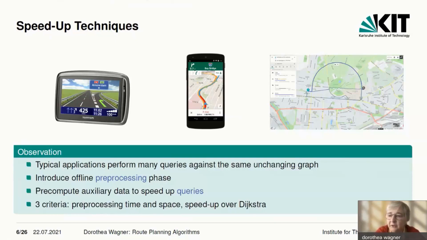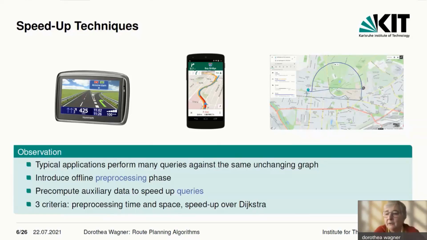One very, very easy way to apply this strategy would be to pre-compute in the preprocessing phase all shortest paths between pairs of nodes. In this case, the query would be very fast, in constant time. If we want to find the shortest path from S to T, we just have to look up the result in our pre-computed data structure.